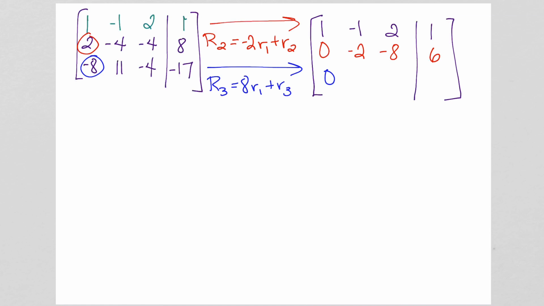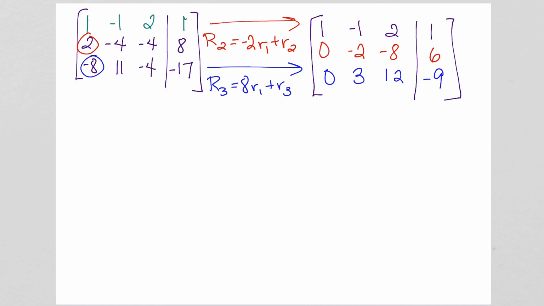Already got that one. 8 times negative 1 is negative 8. Negative 8 plus 11, over here, remember, is 3. 8 times 2 is 16. 16 plus negative 4 is 12. 8 times 1 is 8. 8 plus negative 17 is negative 9.